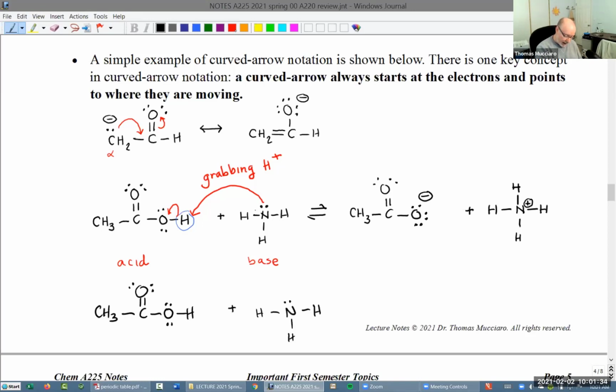And I totally get why. They're showing this hydrogen moves to there. Right? That is incorrect. This is throwing. This is saying the acid throws the hydrogen and the base catches it, right? That's not how this works. The way it works is the base grabs the hydrogen.